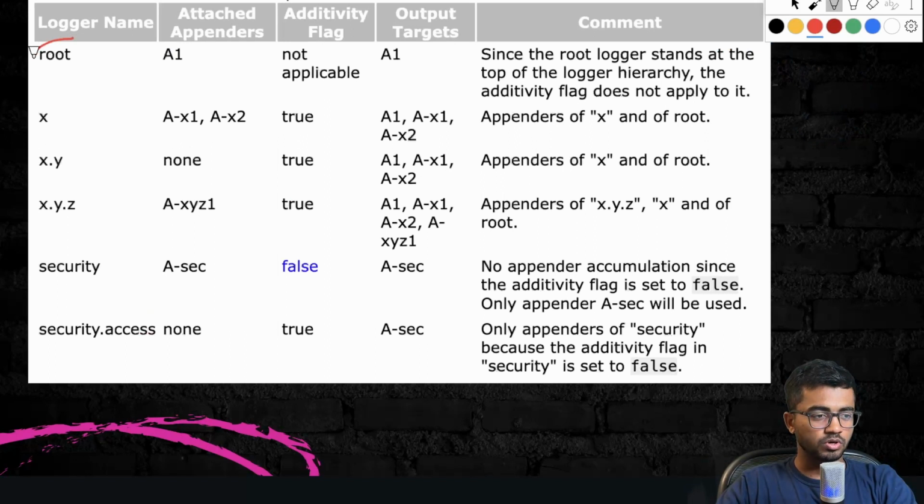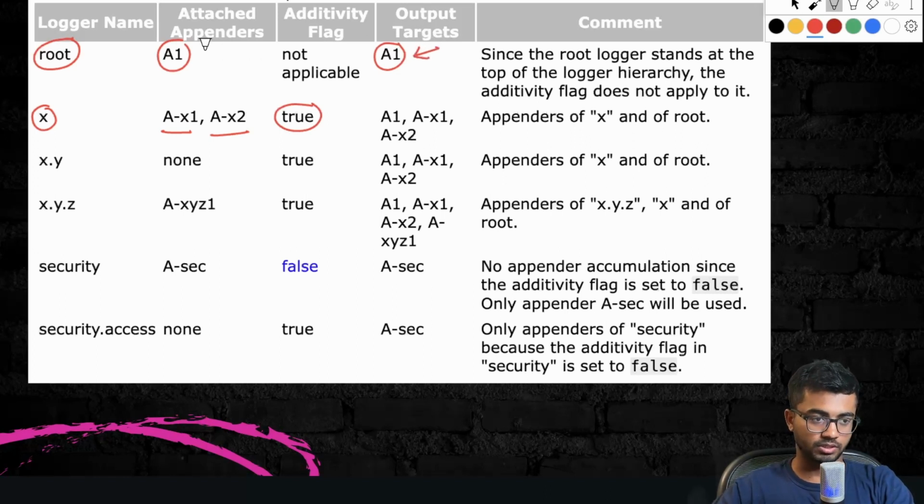We have the root logger, with the name root, and its appender is A1. Of course the additivity flag doesn't make sense here because this is the root logger, so output goes only to A1 for now. Then we define another logger, X, and attach two appenders, AX1 and AX2. As the additivity flag is true, it also has to take care of A1 as an appender.